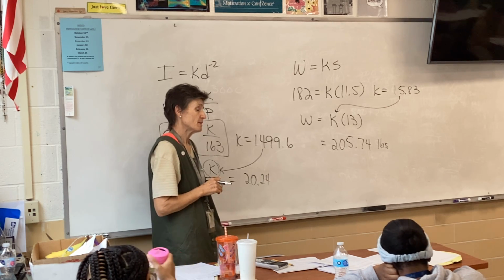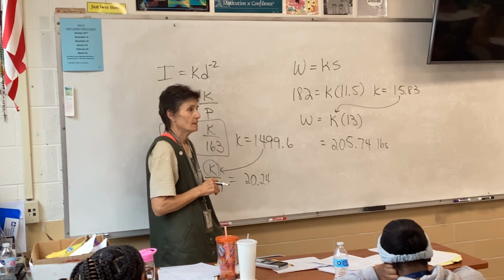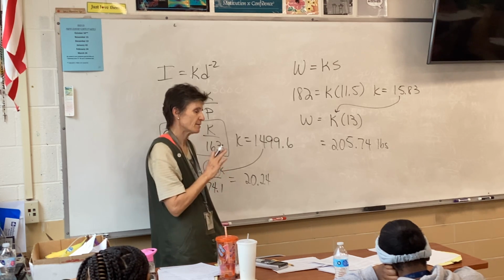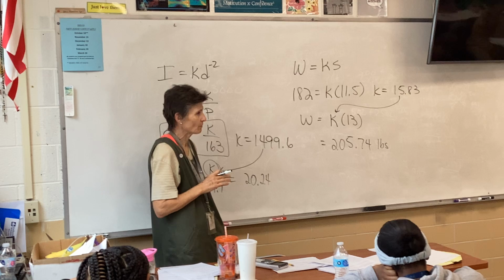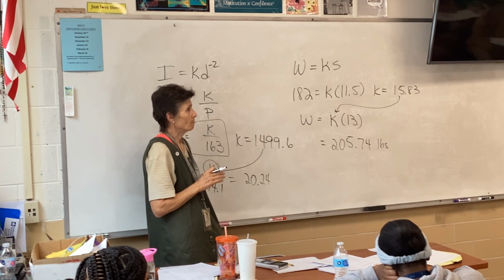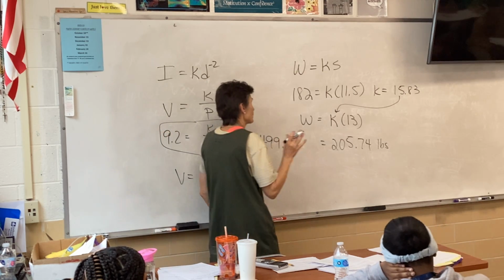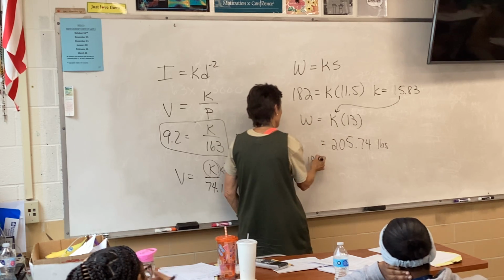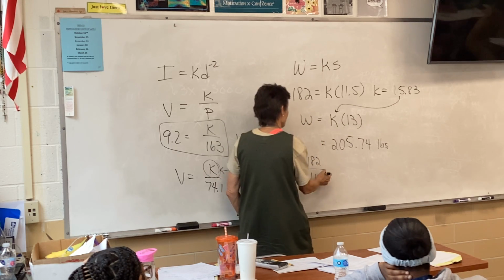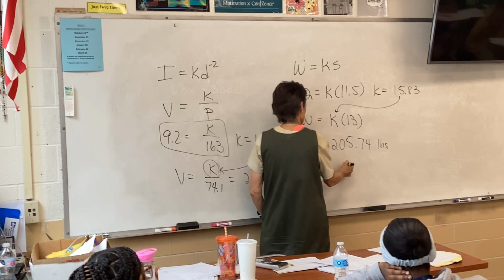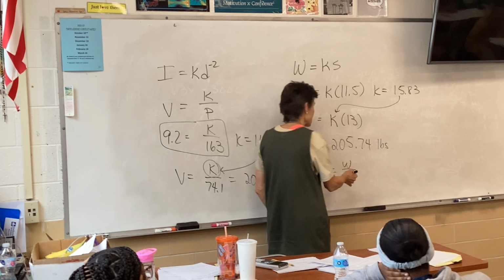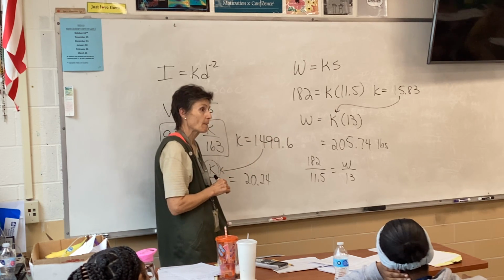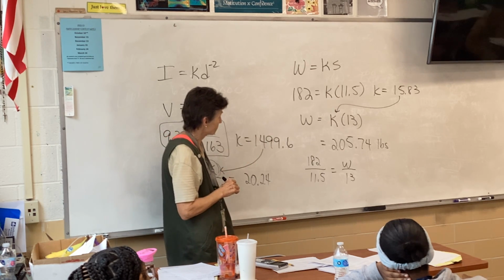By the way, if things vary directly, I think we talked about yesterday, is proportional to, is kind of the same vocabulary, maybe that was a different class. But if they vary directly, you could also solve this problem by setting up a proportion. 182 over 11.5 equals W over 13. You could also solve it that way. I got 205.79.